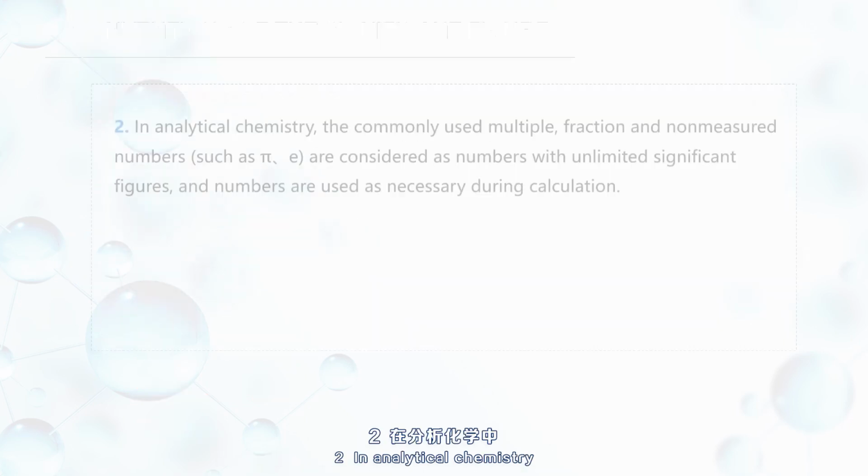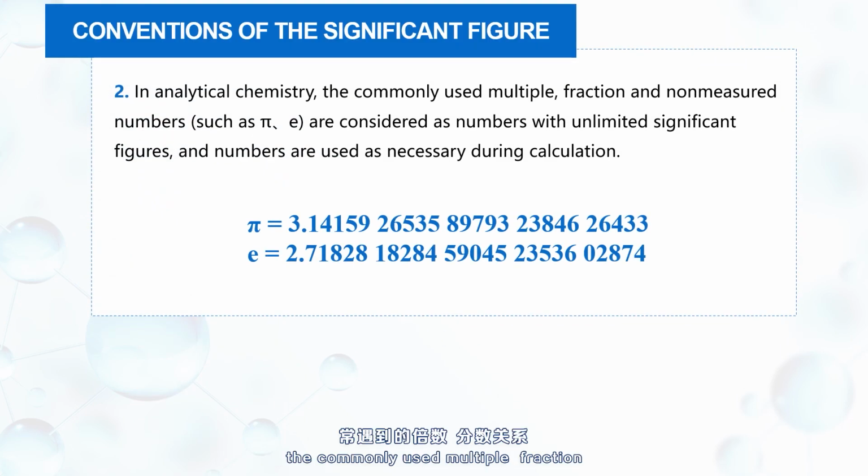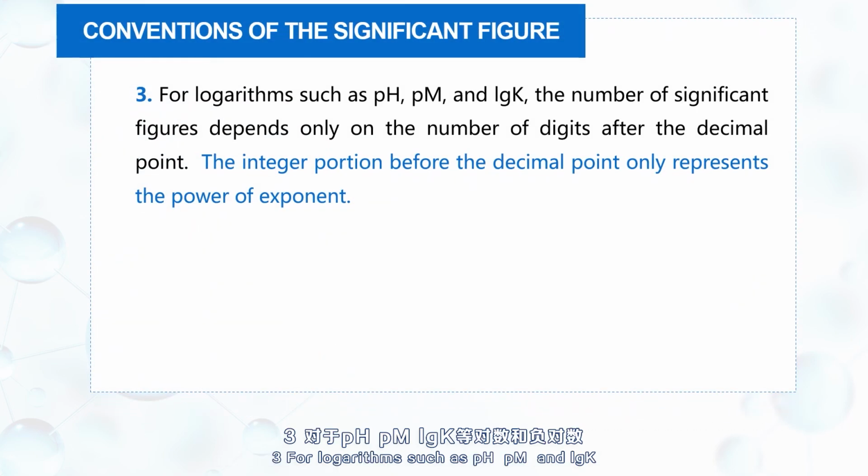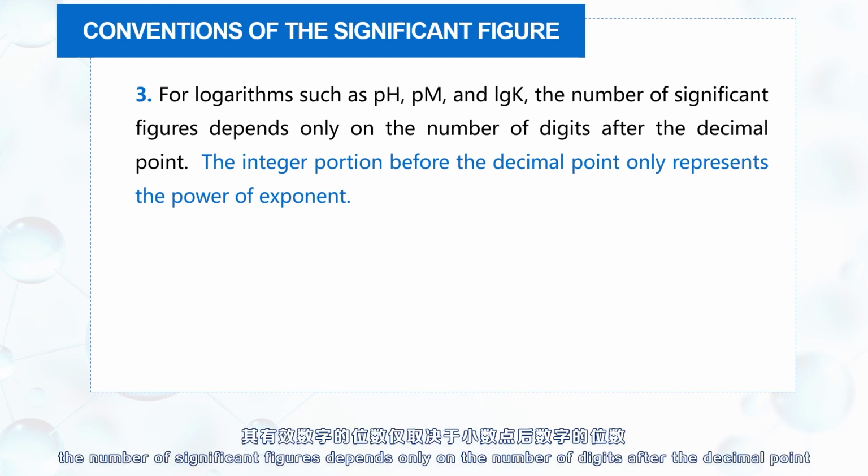In analytical chemistry, the commonly used multiples, fractions and non-terminating numbers such as pi and e are considered as numbers with unlimited significant figures, and the numbers are used as necessary during calculation. For logarithms such as pH, pM, and log K, the number of significant figures depends only on the number of digits after the decimal point.